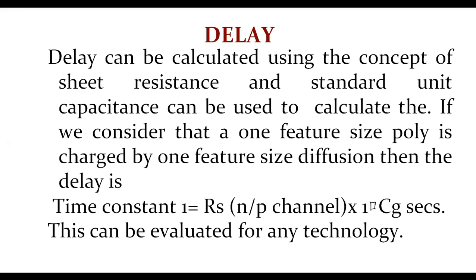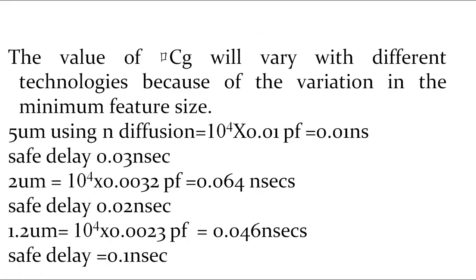The time constant is measured in seconds. Sheet resistance is measured in ohms per square, capacitance in farads, and time in seconds. Okay, this can be evaluated for any technology, using the basic three technologies: the 5 micrometer technology, the 2 micrometer, and the 1.2 micrometer.